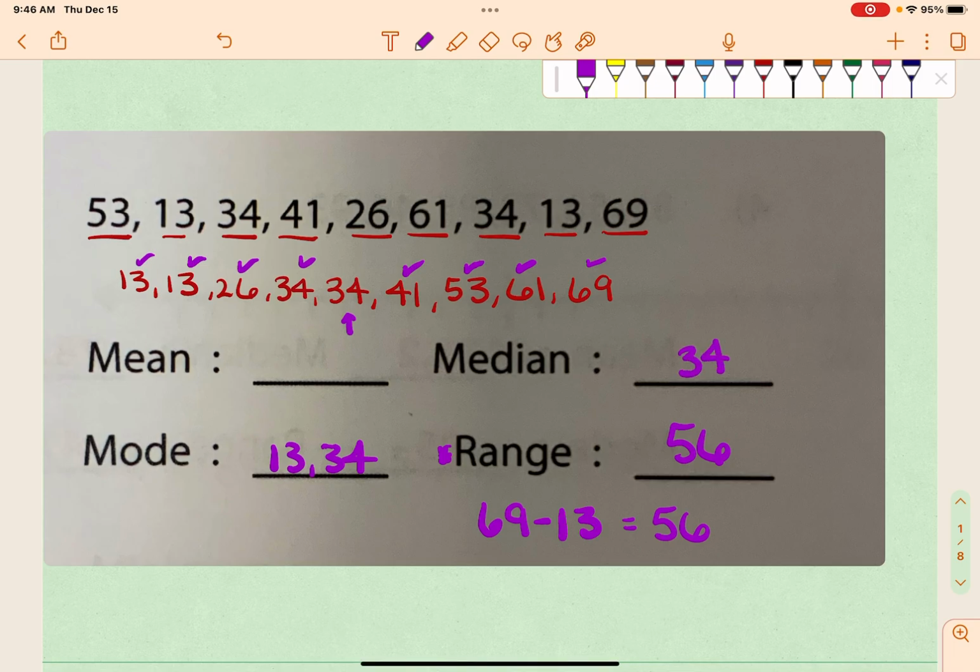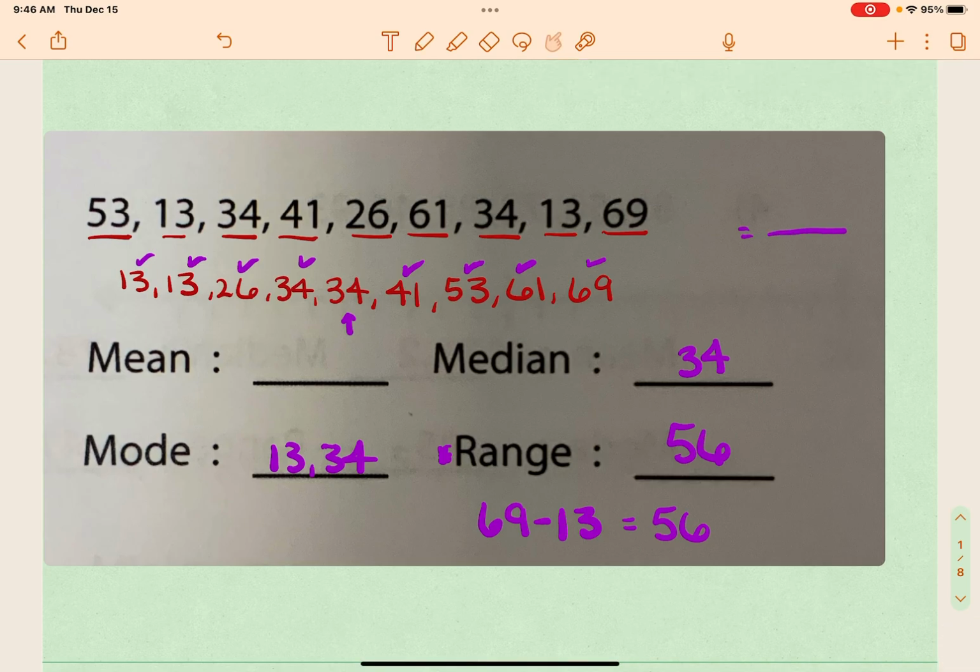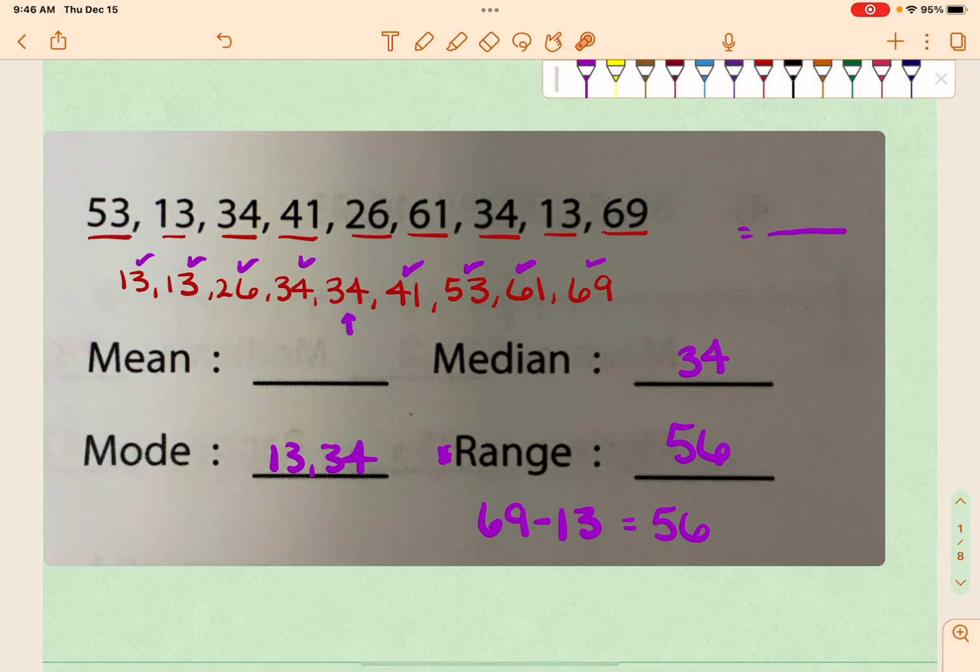Now, to find your mean, basically what you have to do is go through and add up all your numbers together and then divide by how many you have. So in my list, 1, 2, 3, 4, 5, 6, 7, 8, 9, I have 9 numbers. Then I'm going to take all of these and add them together.